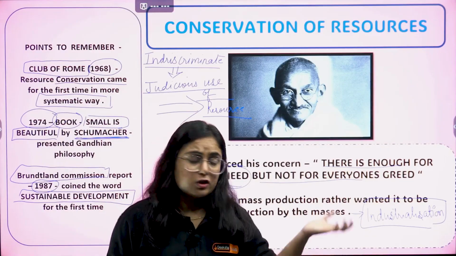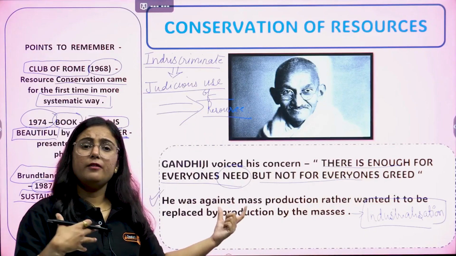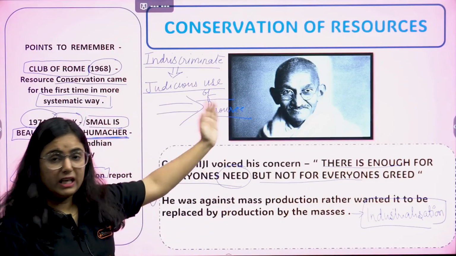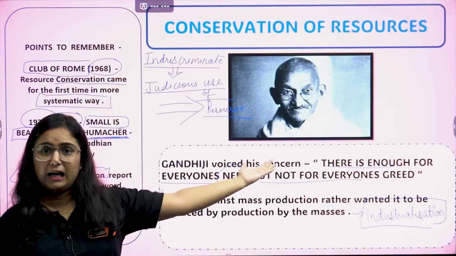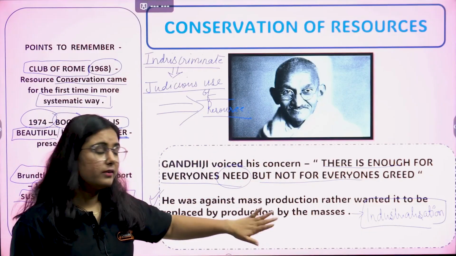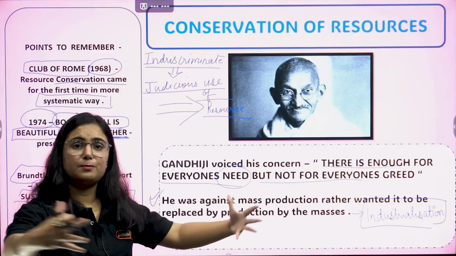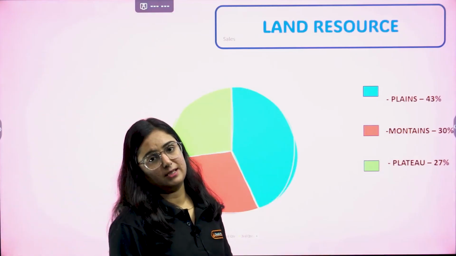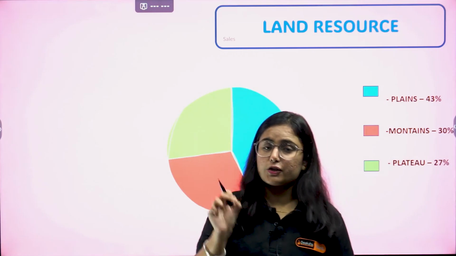Getting the point? In India we can see that there are various handicrafts and handlooms. He particularly focused on handlooms. So Gandhiji wants to tell you that rather than focusing on mass production, let us focus on production by the masses. This was the introduction of the chapter.